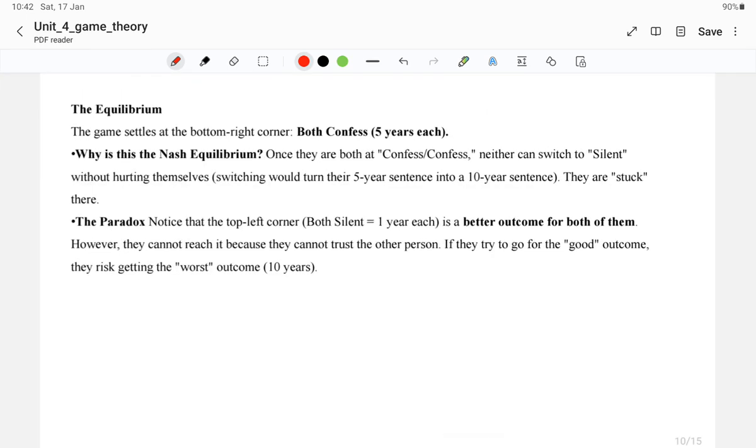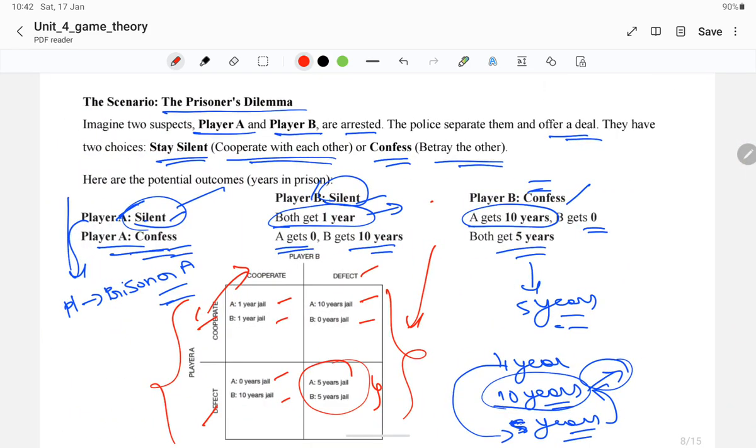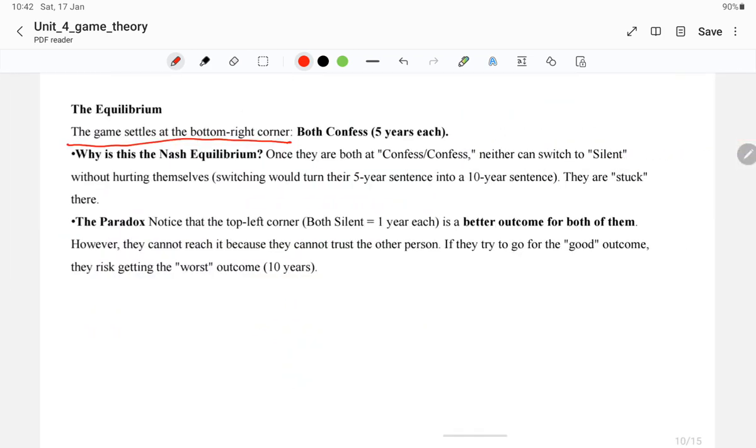equilibrium? The game settles at the bottom right corner, this one. It settles that both confess, so they get a sentence of 5 years, right? So why is this a Nash equilibrium? This you have to understand.